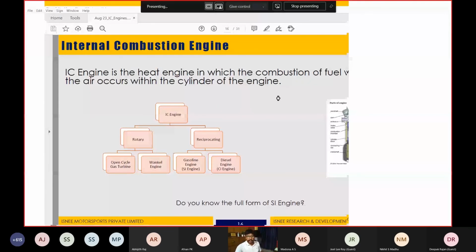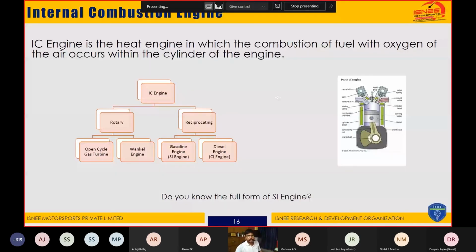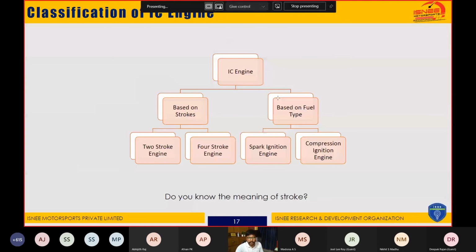Then after this, the classification of engine, we will go to the classification of engine based on the strokes and based on the fuel type. So IC engine, based on the strokes, we have two-stroke engine and we have four-stroke engine.